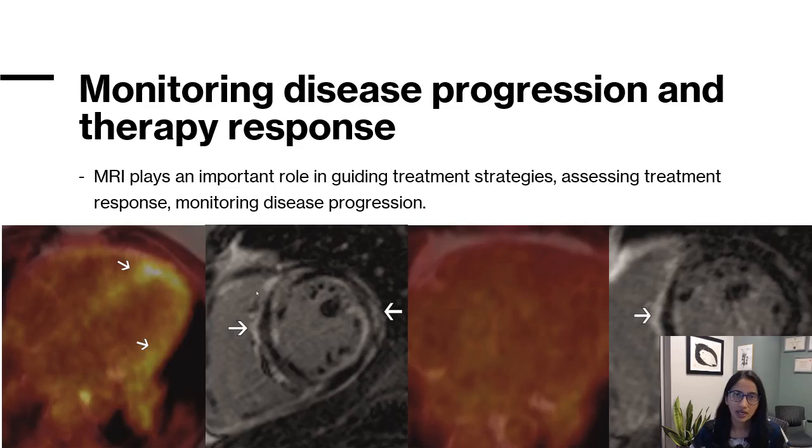Short axis MRI LGE image shows marked mid-wall as well as subepicardial LGE involving multiple myocardial segments. Findings are suggestive of myocardial infiltration and inflammation. Follow-up imaging performed after 5 months of prednisolone therapy shows no FDG activity and there has been reduction of LGE. Mild residual LGE suggests infiltrative interstitial fibrosis.